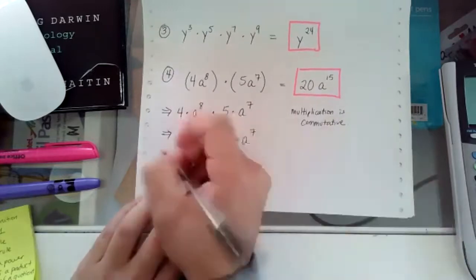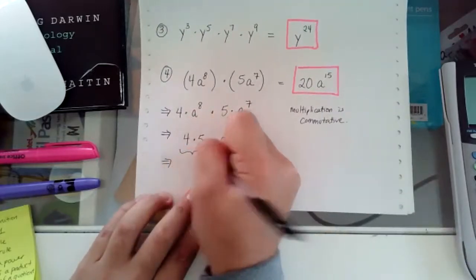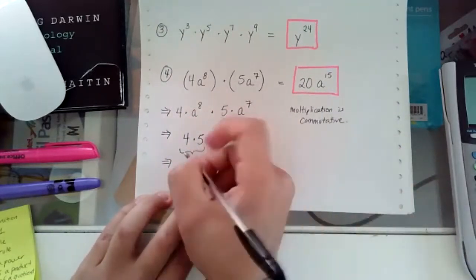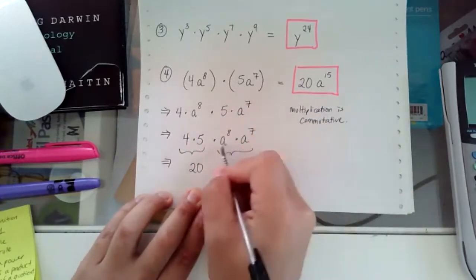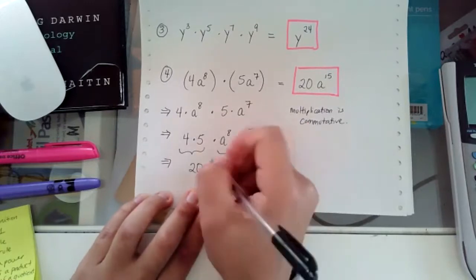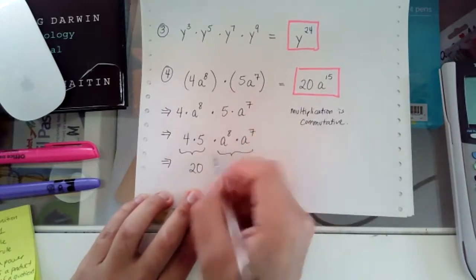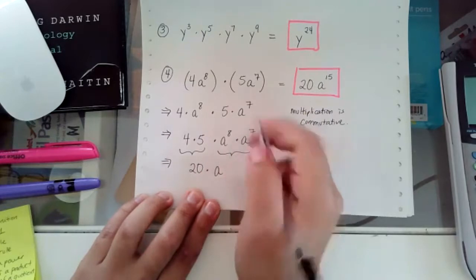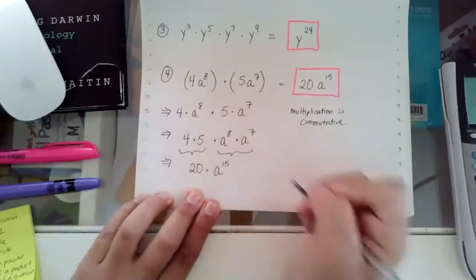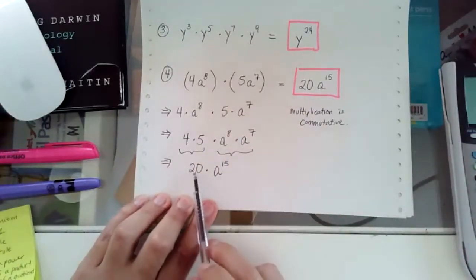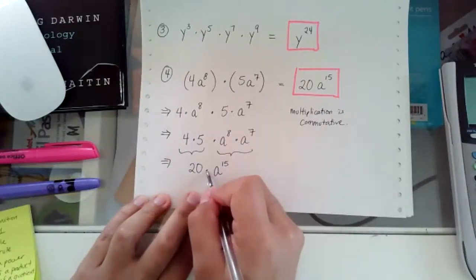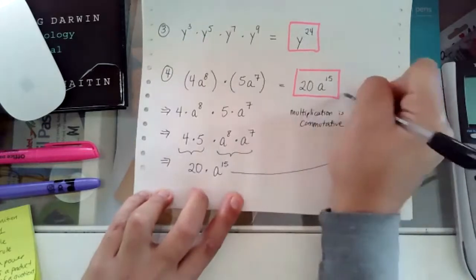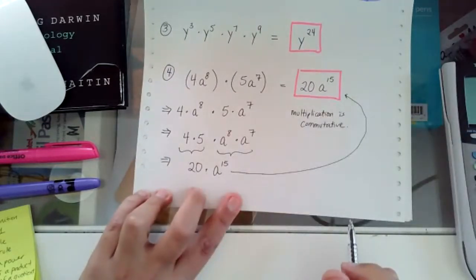And then we'll just simplify that, a little bit at a time. 4 times 5, we can just multiply those numbers and get 20. And then using our new product rule for these exponents when we have the same base, we just write the base and then add their exponents and get that 15. And then when we have a number or a coefficient times a variable term, we don't have to write the multiplication symbol. We can just write it as 20a to the 15th power.